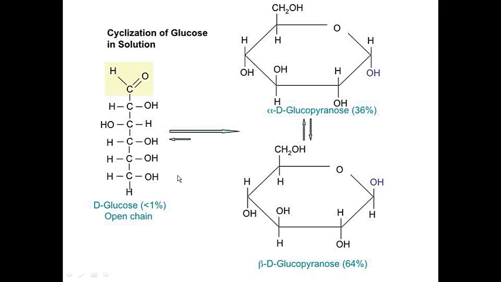So here's just another example of that, glucose. A lot of times what I will do when I originally try and write the structure is take this O group and bring it up here and then form the ring that way.